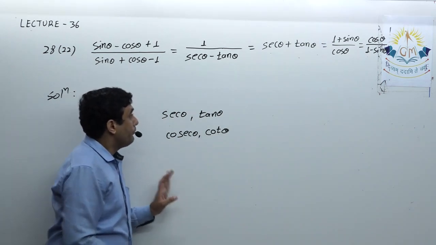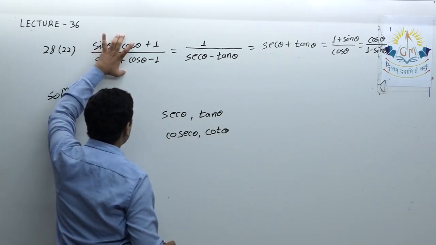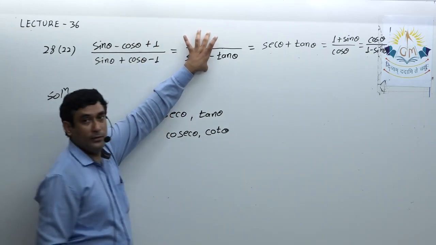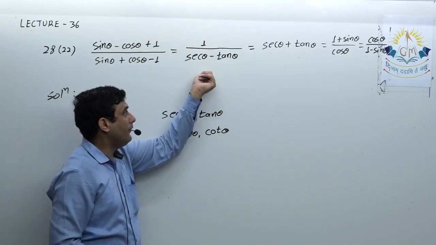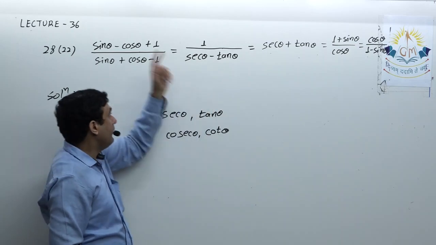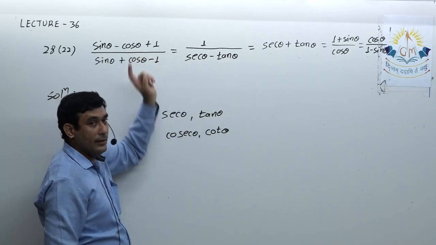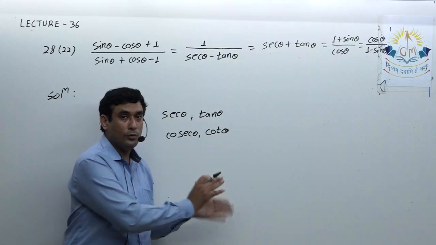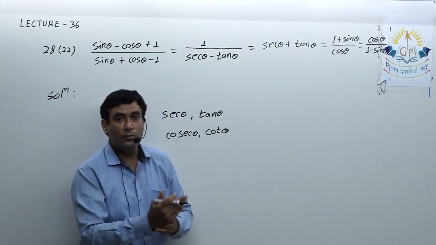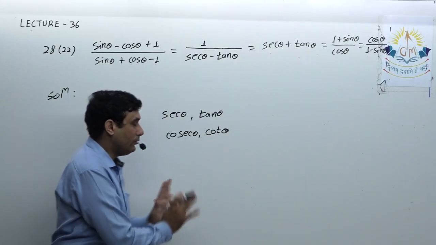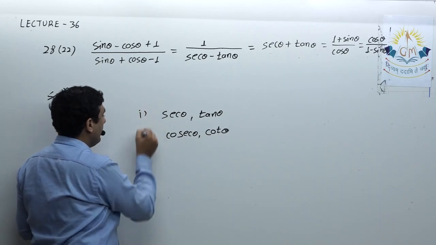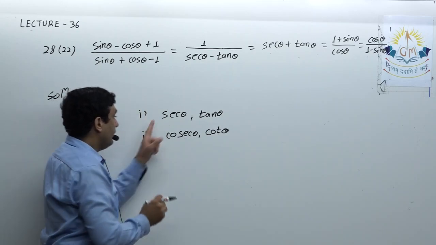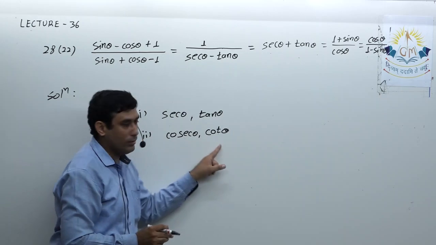So see, suppose they are saying prove that the first one is equal to the second one, so here directly you can see it is in the form of sec and tan, so definitely we convert this into sec and tan. Here I am telling you how to decide, then I will tell you how to convert into sec and tan.